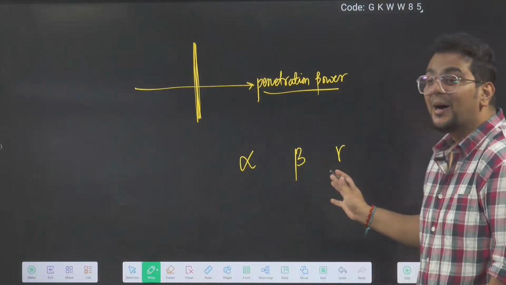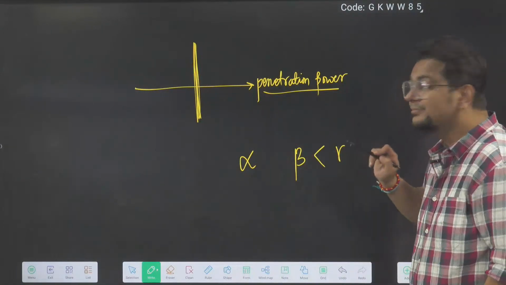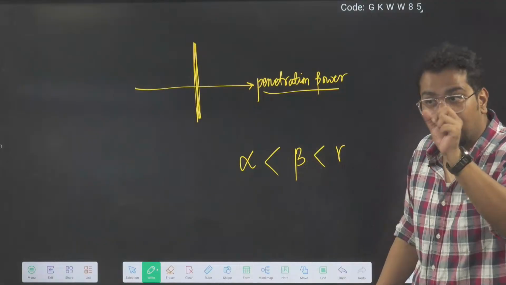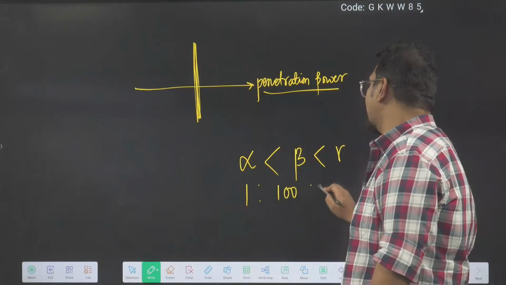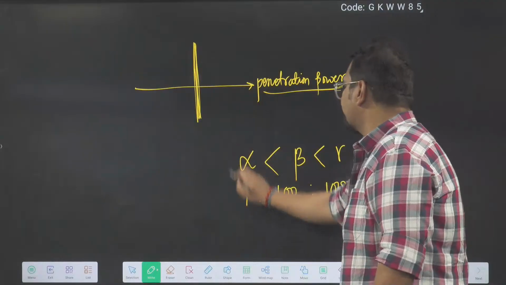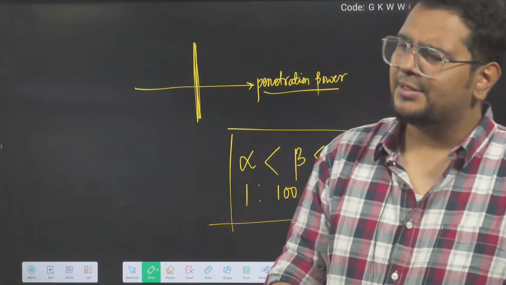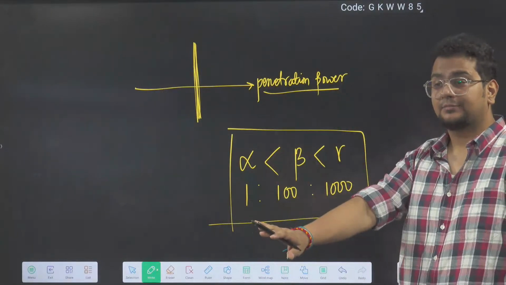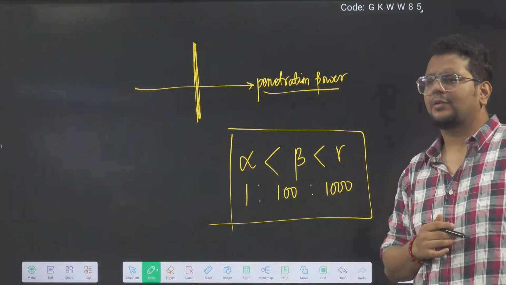Gamma has no particle, so gamma will be maximum. Beta is a small particle, alpha a big particle. So alpha is 1, beta is 100, gamma is 1000. The penetration power of gamma is maximum; beta is 100 times of alpha, gamma 1000 times of alpha, and alpha we are taking as our reference as 1.